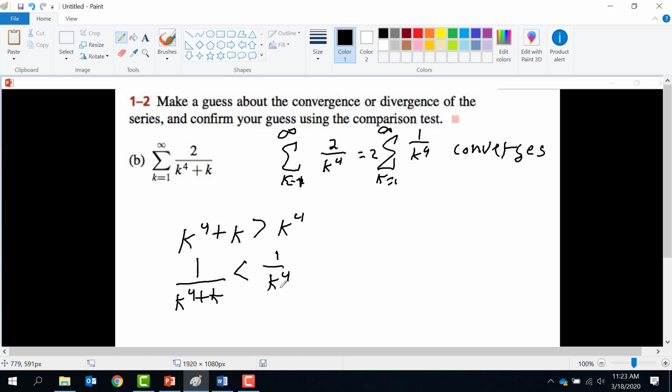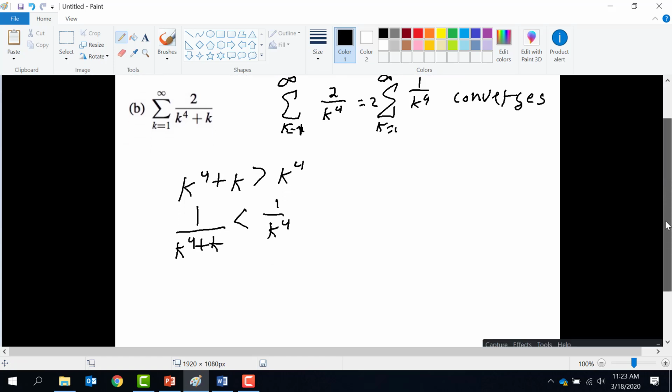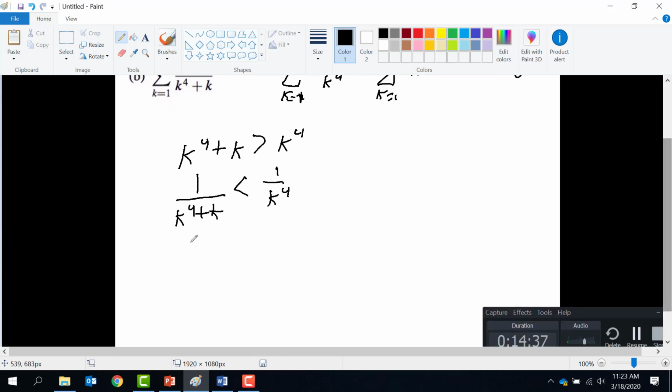So these terms are bigger than these terms. Oh, I'm sorry, we don't have the 2, so then we could just multiply both sides by 2. And so then we get 2 over k to the fourth plus k is still less than 2 over k to the fourth.